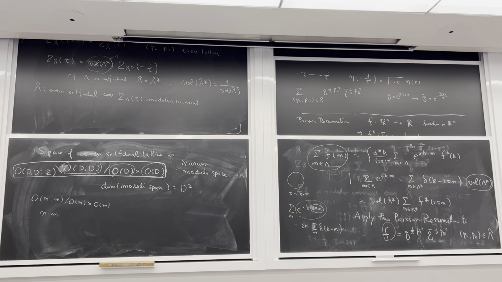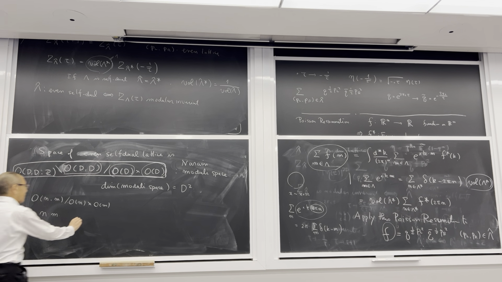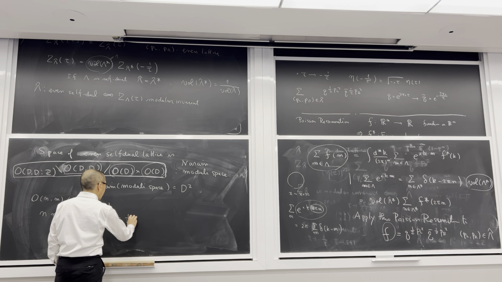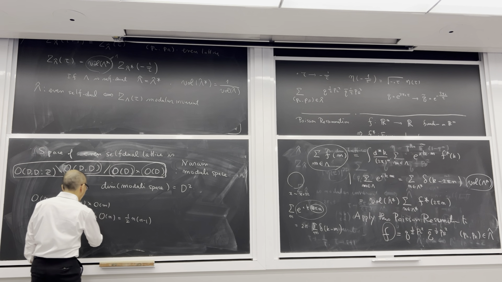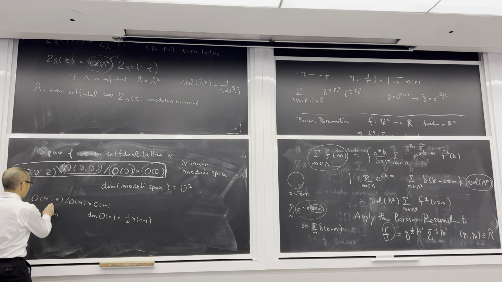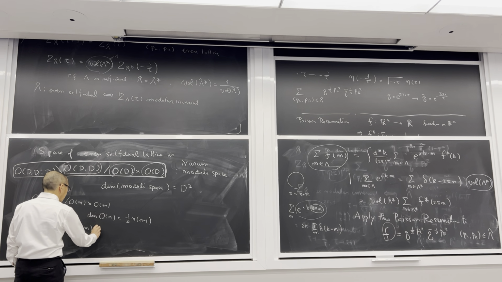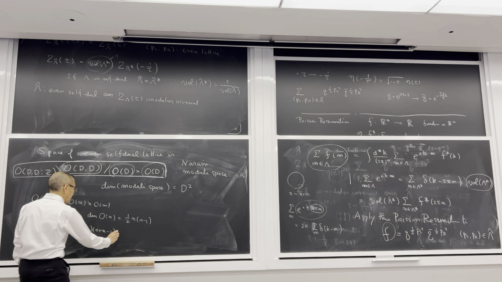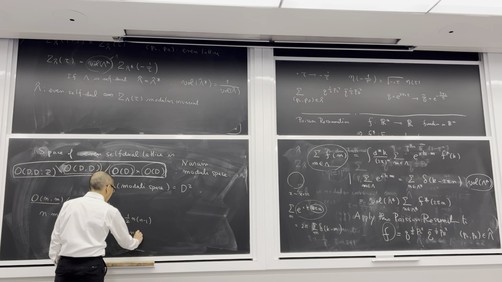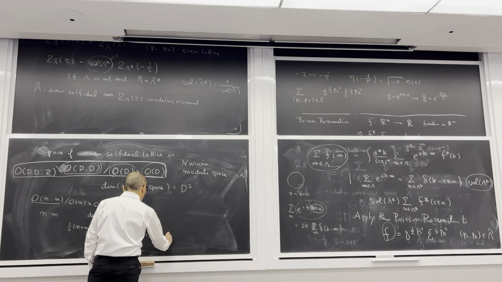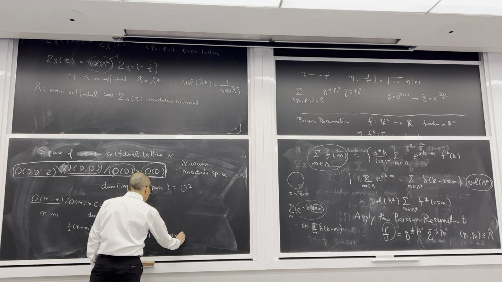You can easily count the dimension, because the dimension of O(n) is equal to 1/2 n(n minus 1). And the dimension of this is the same as the dimension of O(n plus m). So the total dimension is 1/2 (n plus m)(n plus m minus 1) minus 1/2 n(n minus 1) minus 1/2 m(m minus 1).